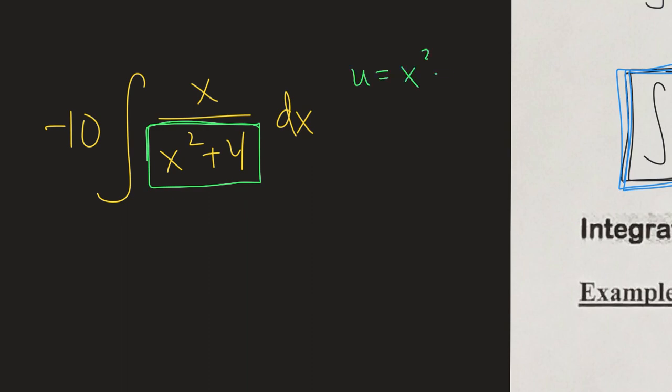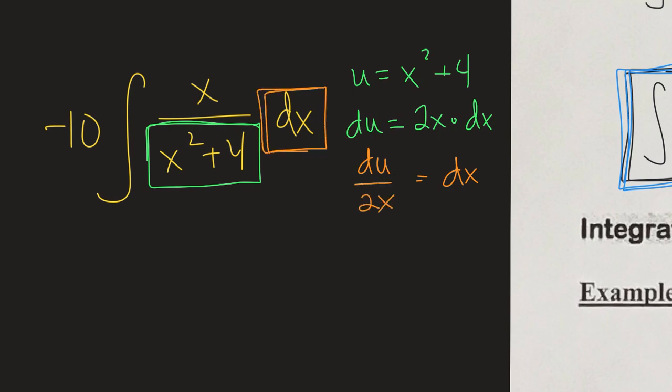So u is x squared plus 4, which means du is 2x times dx. And when we solve this for dx, we get du over 2x.